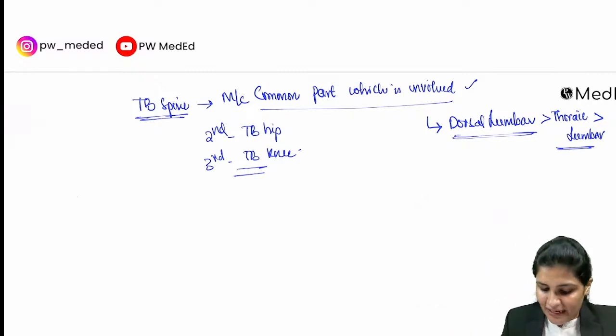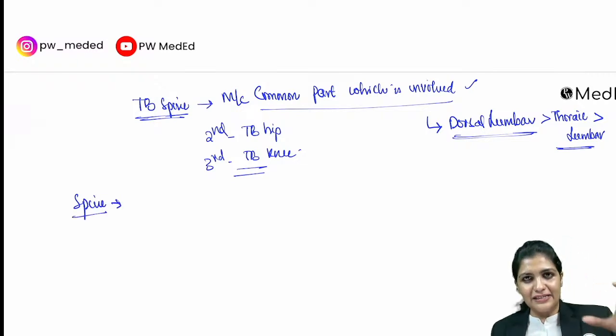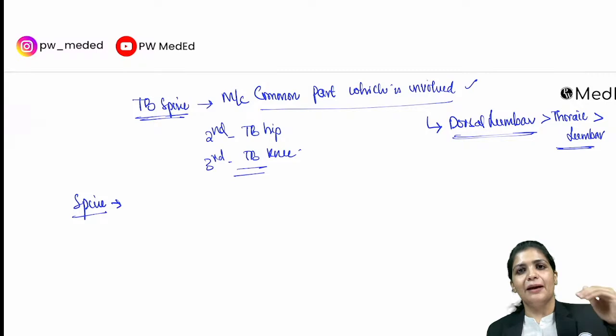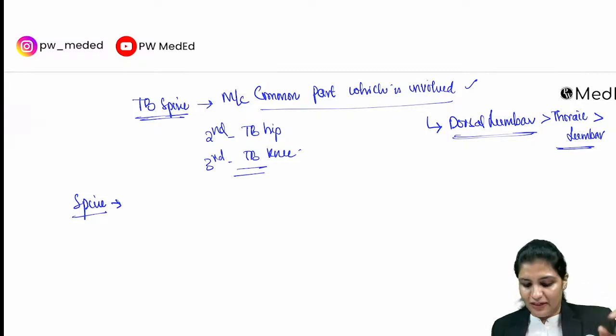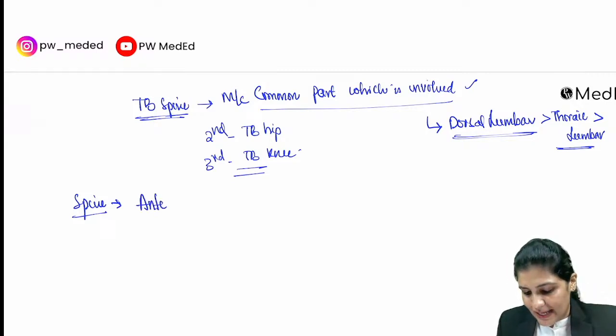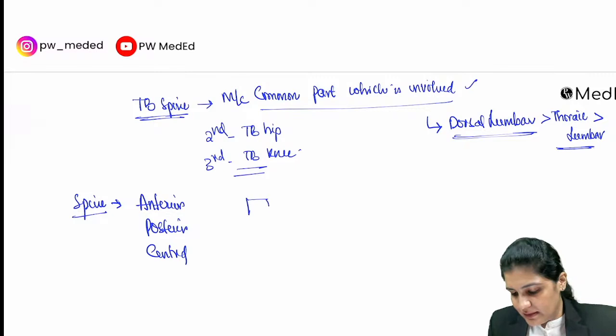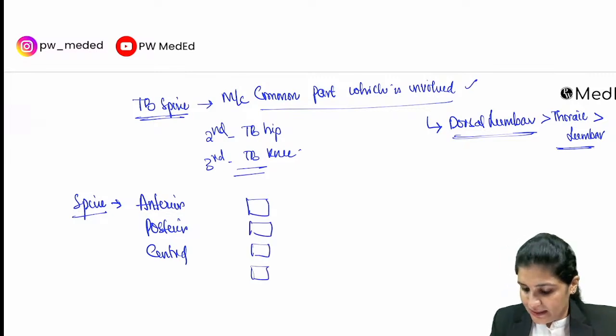Now in case of spine, you see the involvement of the paradiscal position, that is the area above and below the disc. And let us see the anterior, the posterior and the central types. This is your vertebra, right? And this is your disc part.